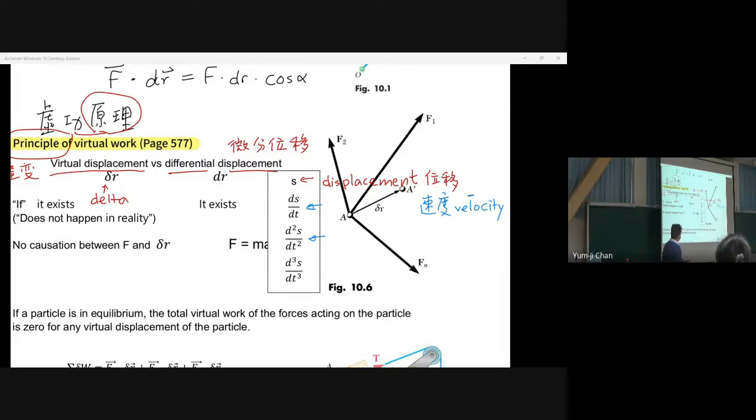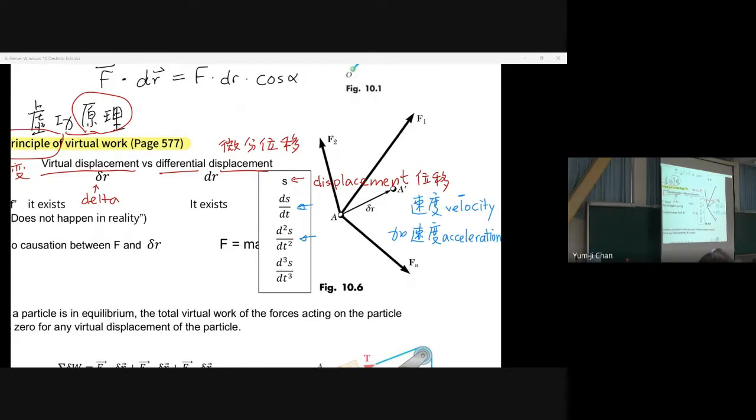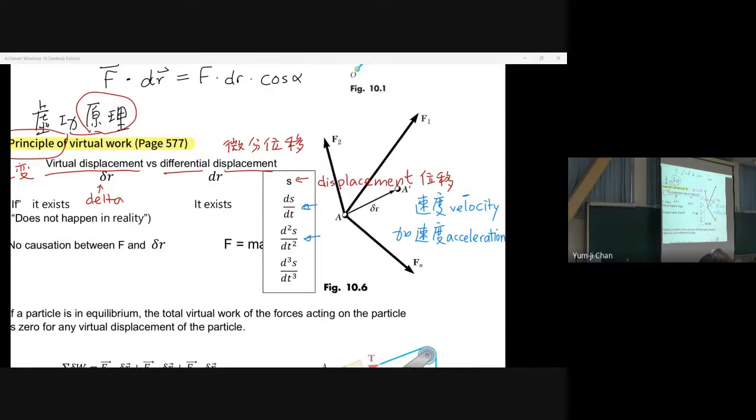Velocity. What's the change of velocity over time? Okay, good. So the change of velocity over time is acceleration. That is what you learned in high school, right? Change of displacement over time is velocity. Change of velocity over time is acceleration.